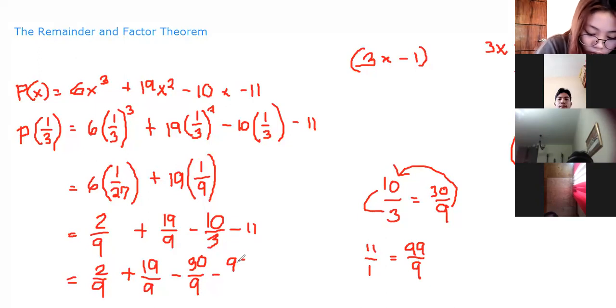So we have 99 over 9. They all have denominator 9, so let's compute them.